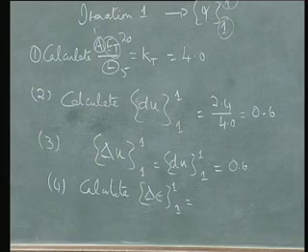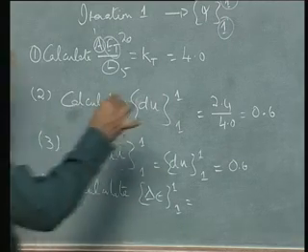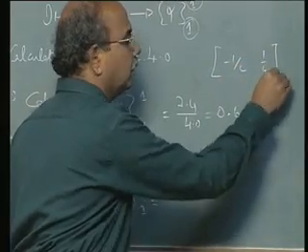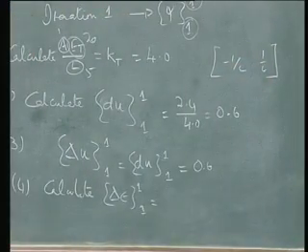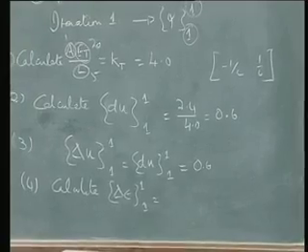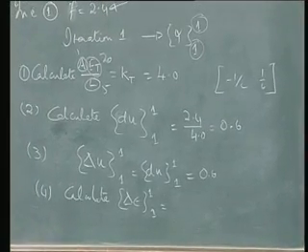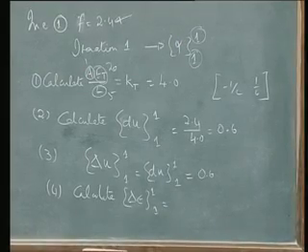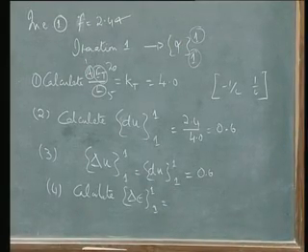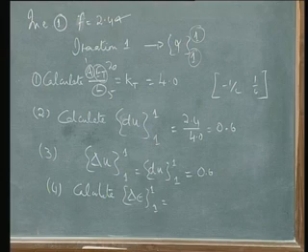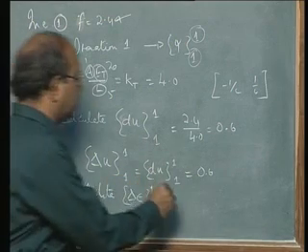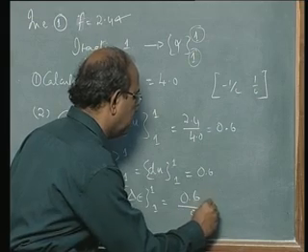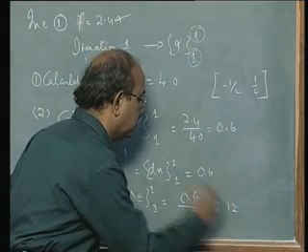For this bar element, the B matrix happens to be minus 1 by L, 1 by L, and hence that happens to be 1 by L. So 0.6 divided by L, which is 5, so 0.12.